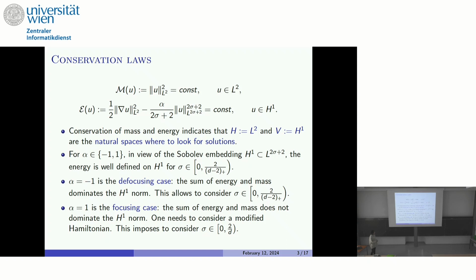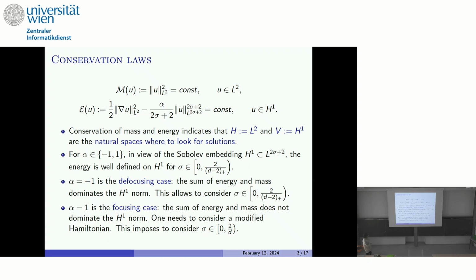So in particular, if you want that the energy is well defined for elements in H1, you have to require this Sobolev embedding here. And so both in the focusing and the defocusing case, this tells you that basically these are the good range of parameters that you have to consider for the power of the nonlinearity.